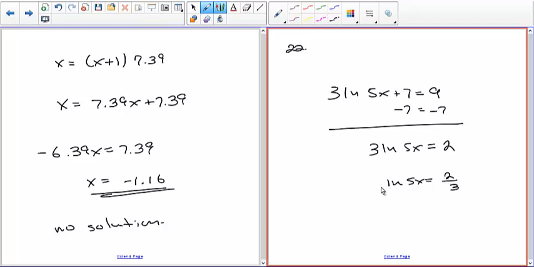And now once you've got this coefficient here as 1, then you can use the inverse properties of logarithms and exponents. So we take e to the natural log of 5x, e to the 2/3 power.